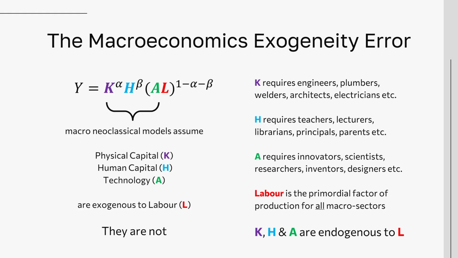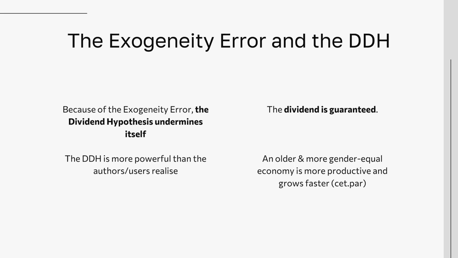And so effectively what's happening, because of this exogeneity error, the dividend hypothesis undermines itself. It states that the dividend isn't guaranteed, yet the truth is it is, because the more labor per capita a nation or an economy can harness, the more output per capita across the various macroeconomic sectors.